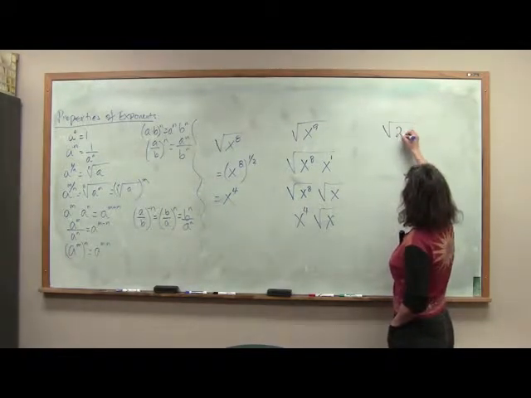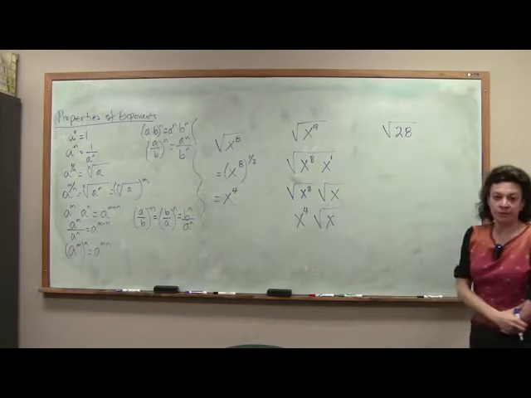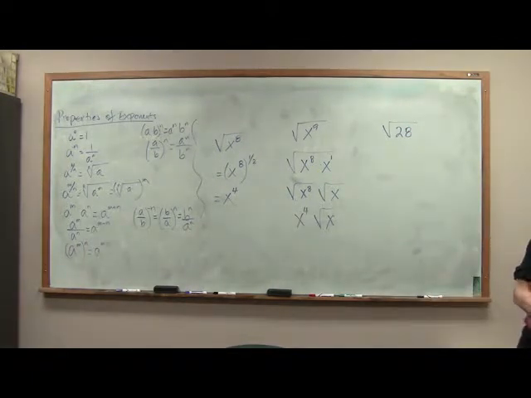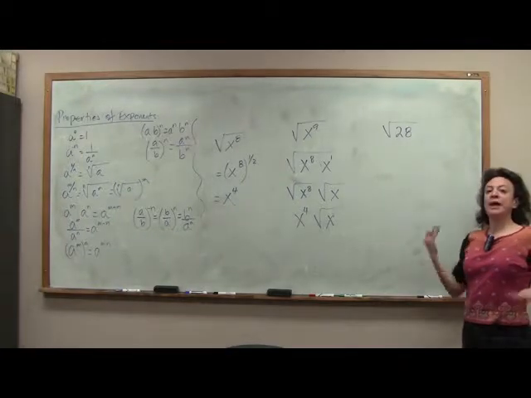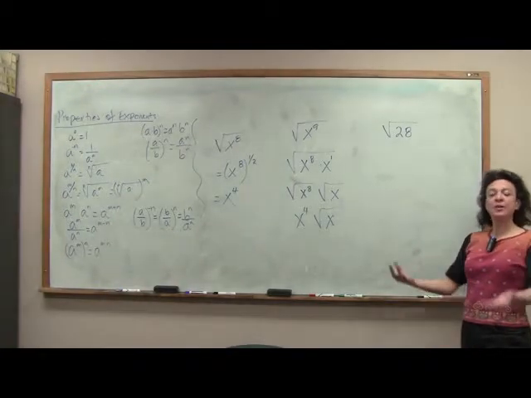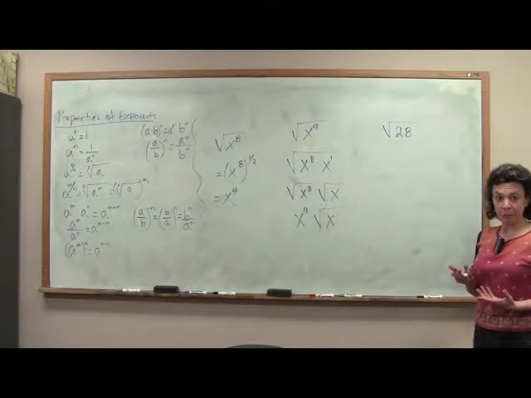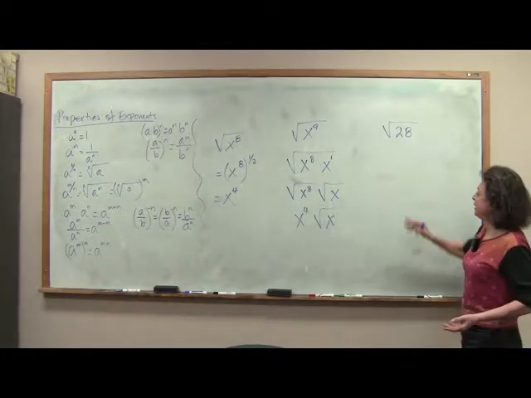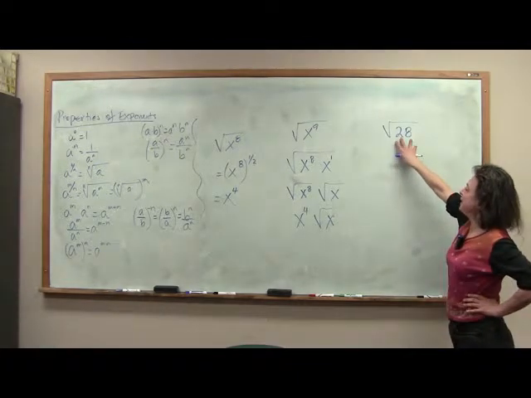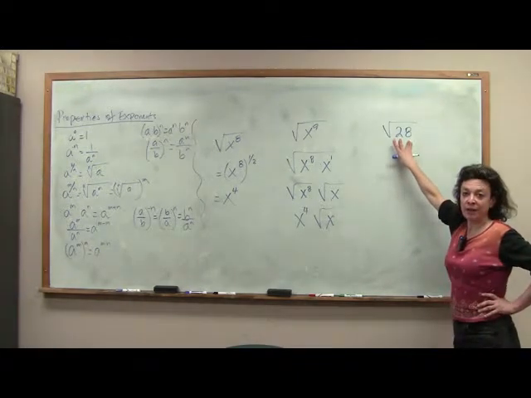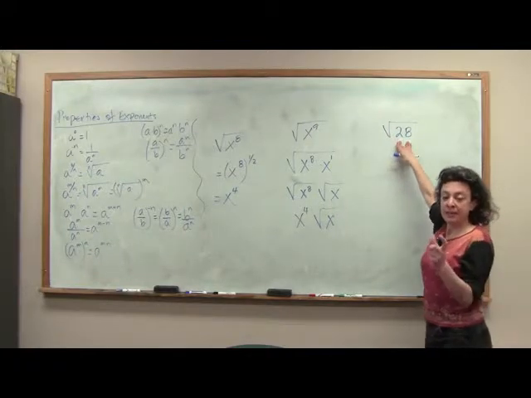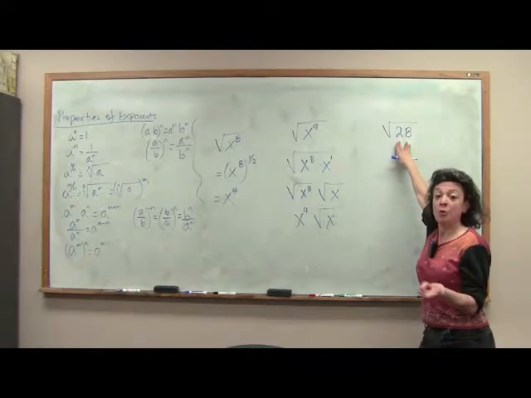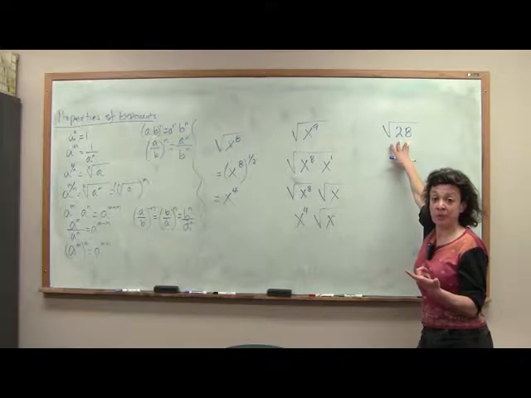Now we can also do a similar thing with numbers. For example, what if I wanted to take the square root of 28? Well, that's not a perfect square, so we're not going to get a whole number. However, we can ask ourselves, okay, we can't take the square root of all of it, but is there at least some portion we can pull out of our parentheses? And I claim my answer is yes. So what you want to do in these situations is take whatever number is under your radical and break it up into two different numbers, one of which you can take the square root of.